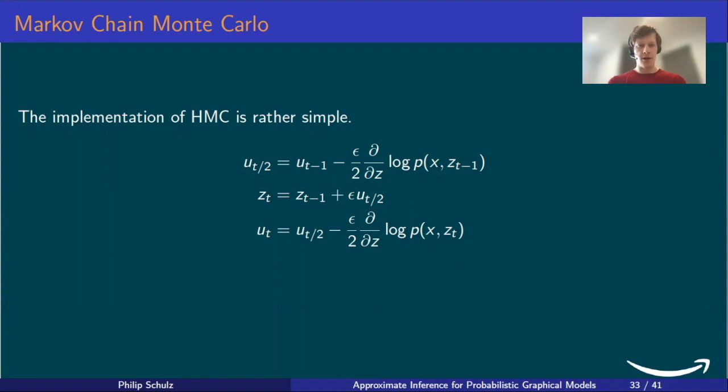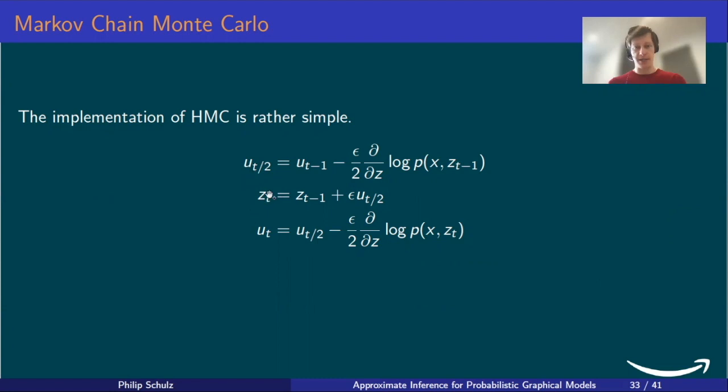Now let us look at how Hamiltonian Monte Carlo can be implemented. Just as with variational inference, although there's quite some heavy mathematics involved, the implementation is actually rather simple. At each point that we're advancing in UZ space, we're going to advance as follows. We're going to first update U by half a step.